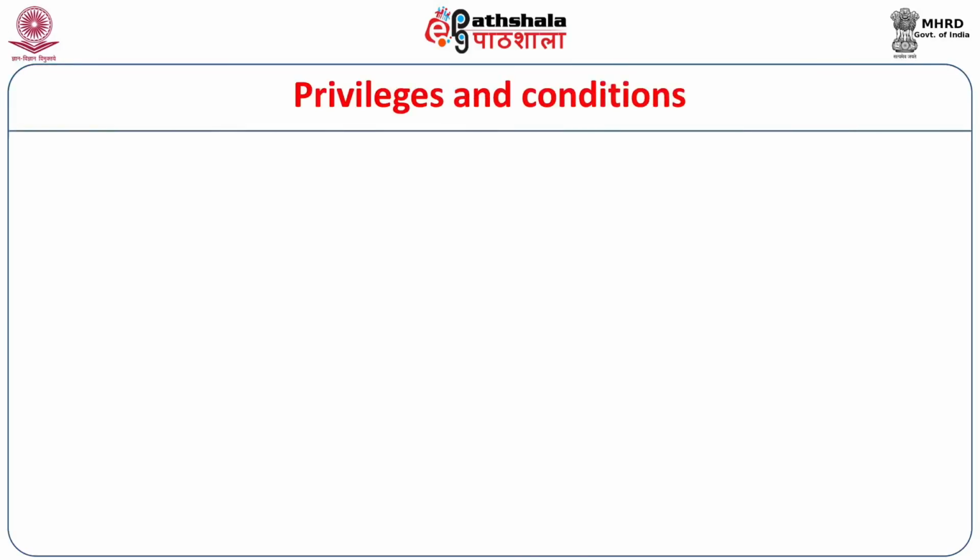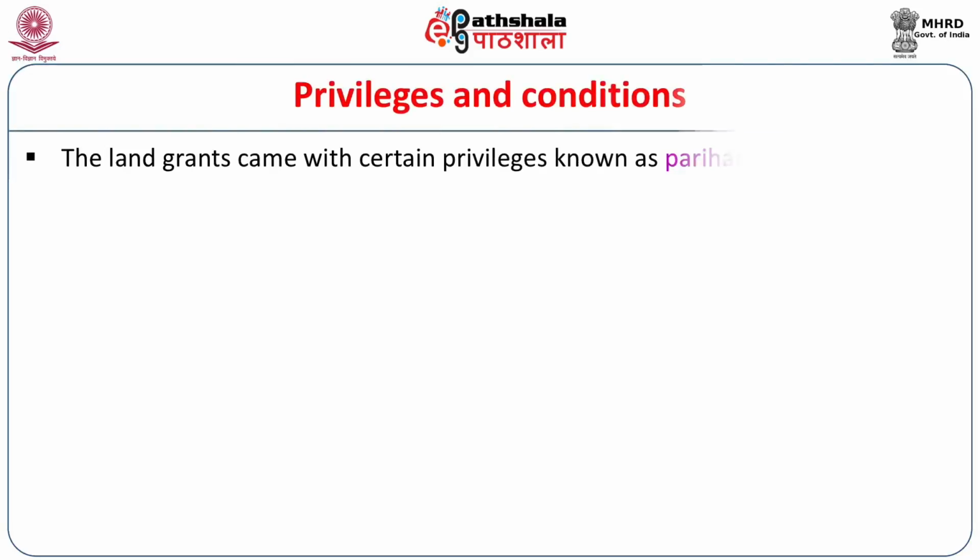Now, the privileges and the conditions of land grants. The privileges of land grants are known as pariharas in the Arthashastra. That land grants should contain pariharas is a concept we find as early as the time of the Arthashastra. The land grants came with certain privileges known as the pariharas.